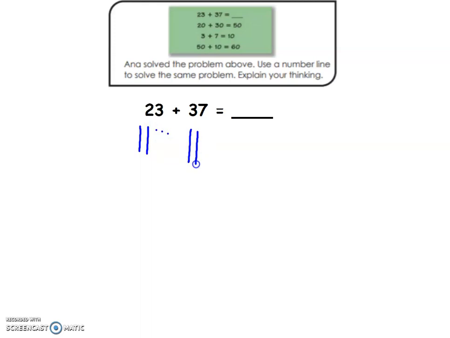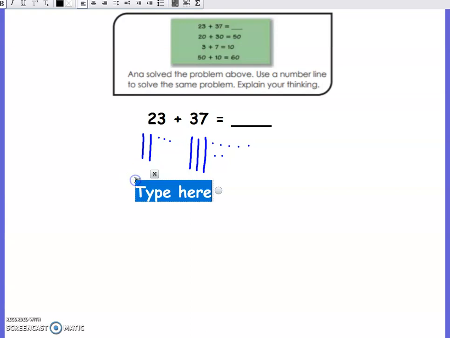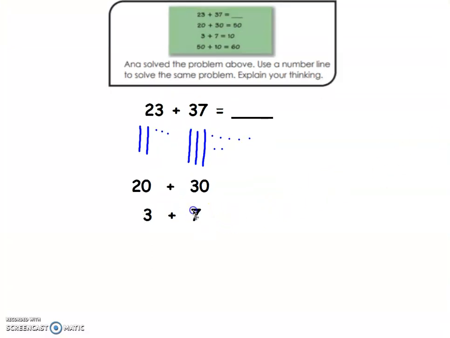And she did three groups of 10, 10, 20, 30, and 1, 2, 3, 4, 5, 6, 7. If you write that down, she said, I have two groups of 10, which is 20, and I have three groups of 10, which is 30, and then I have three singles, and then I have seven singles. So she just broke it down by tens and ones. She just wrote it instead of drawing it.